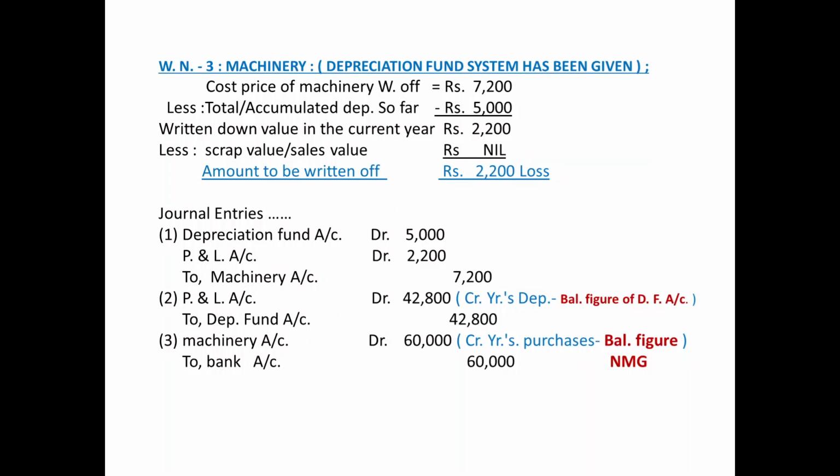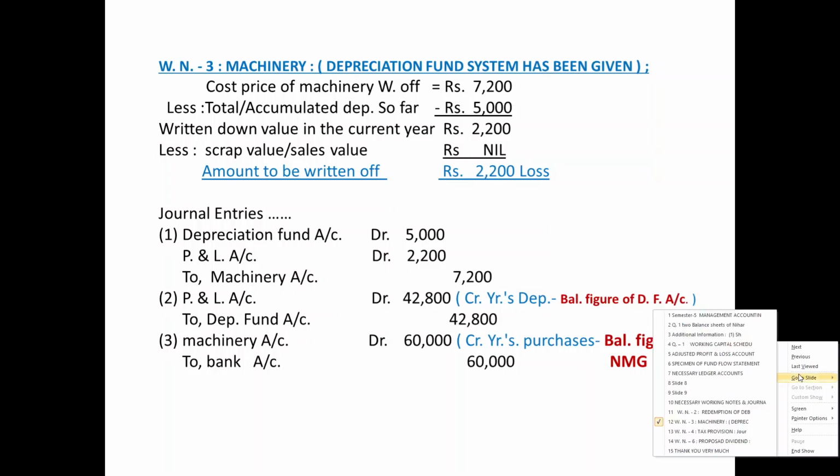So depreciation fund account debited rupees 5,000. Loss, profit and loss account debited rupees 2,200. To machinery account credited its original cost 7,200.